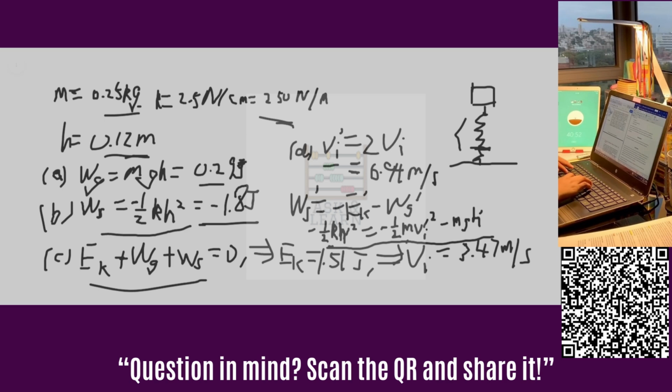Okay, so in this equation, we can see that we already know k, we know m, and we know g. So the only unknown variable is this h prime. You can solve for this h prime by just solving this equation. So h prime, you will see that it equal to 0.23 meters.